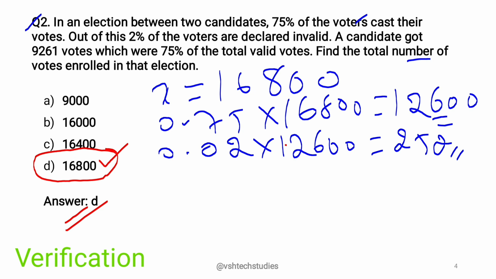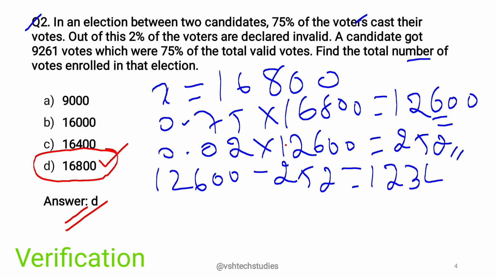Then how many are valid votes? That is 12,600 minus 252, that equals 12,348. So these are valid votes. 75% of total valid votes is equal to 9261.